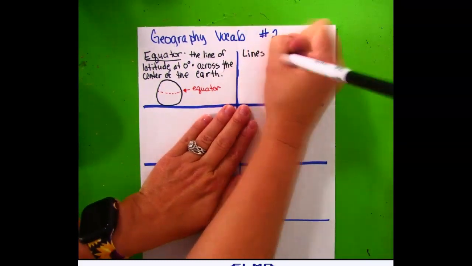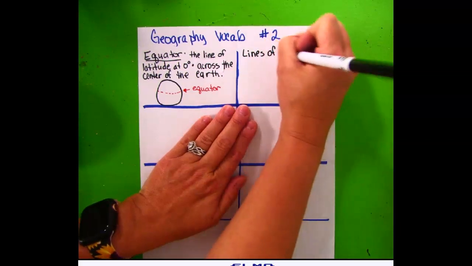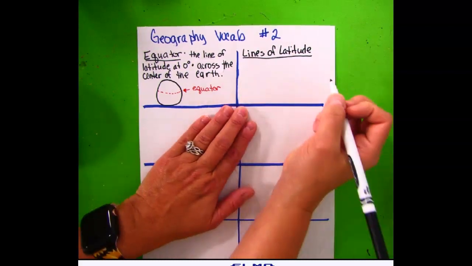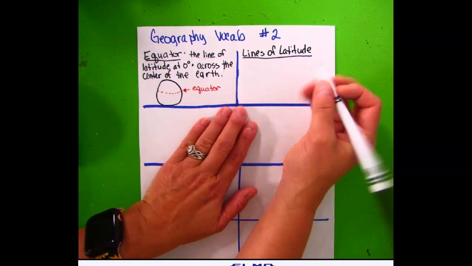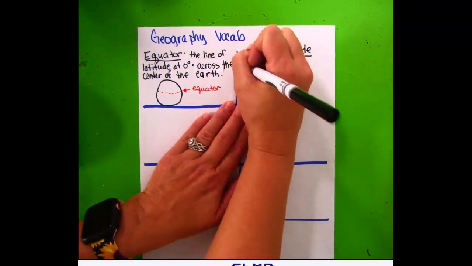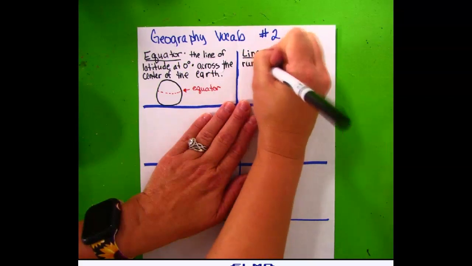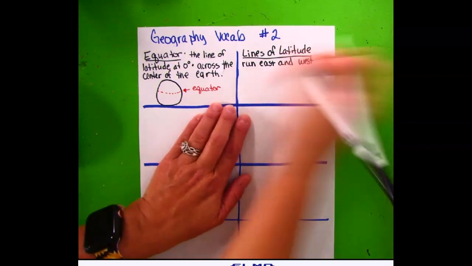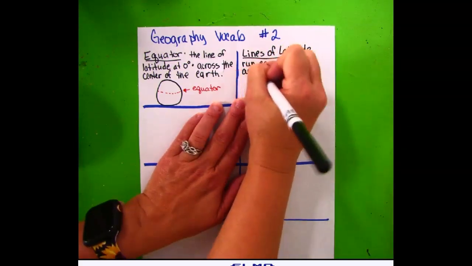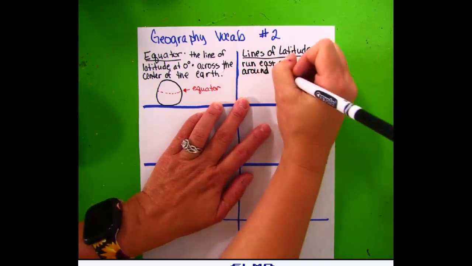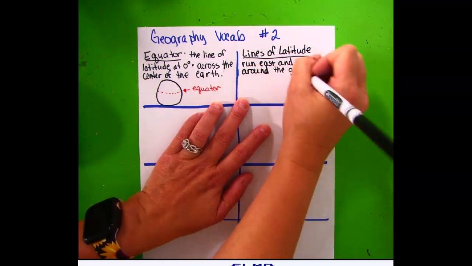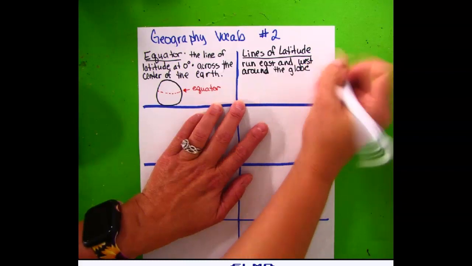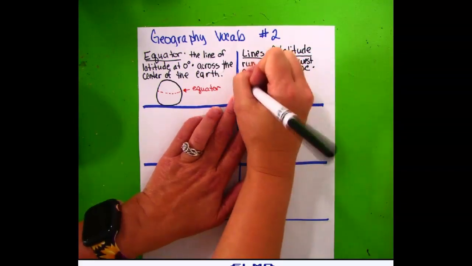So, lines of latitude. The lines of latitude run east and west around the globe and they are parallel.